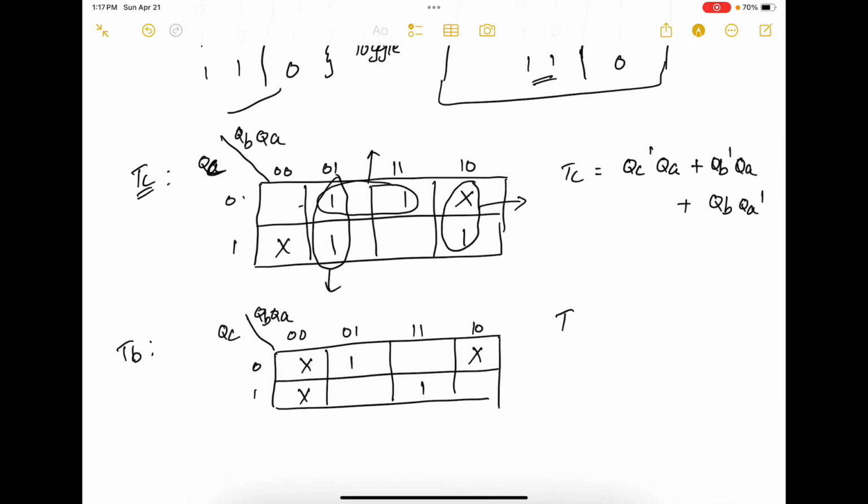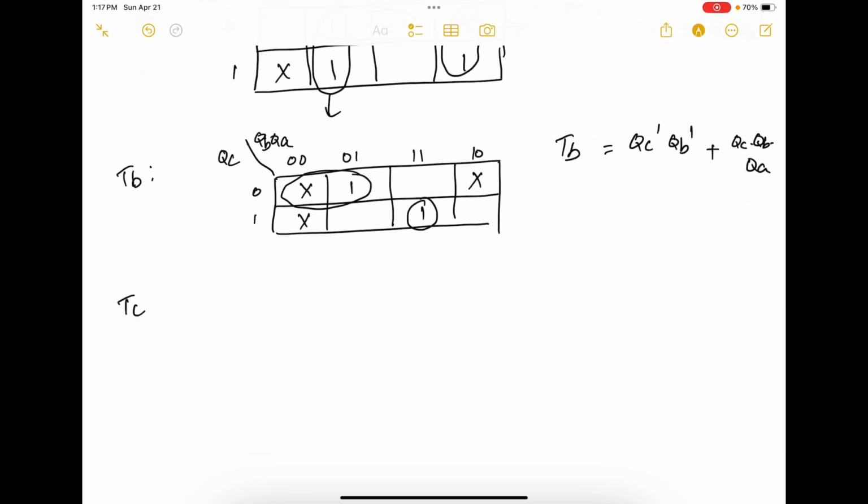So your TB equation would be this grouping, which is QC prime, QB prime, or this one, which would be QA, QB, QC, or QC, QB, QA.